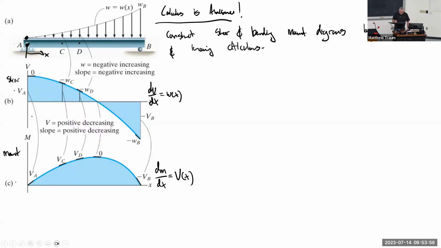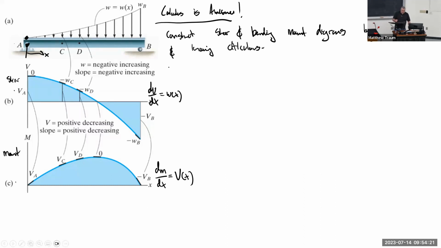And then what's happening is that we've got this ever increasing value of w of x. And as a result, we have this ever decreasing magnitude of the slope of the shear diagram. And it says here, w is negative increasing and slope is negative increasing.